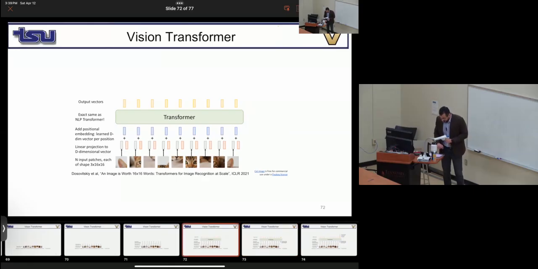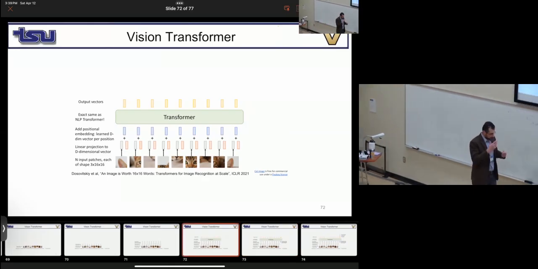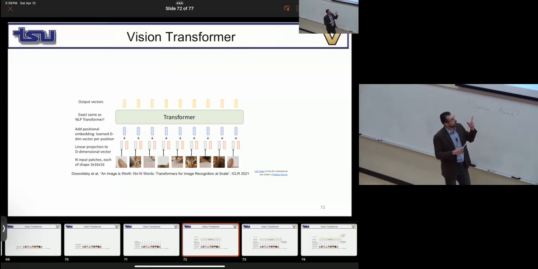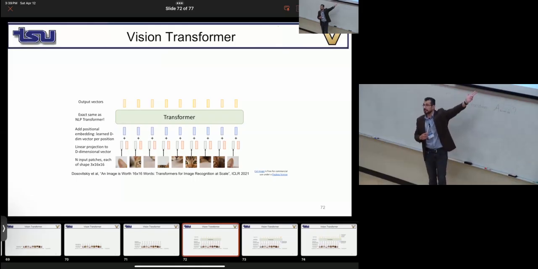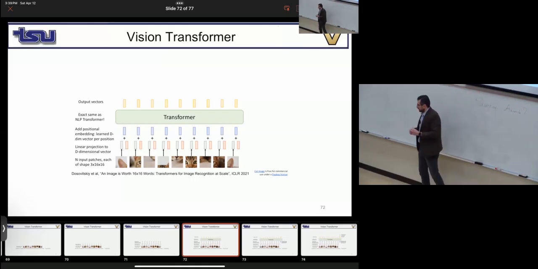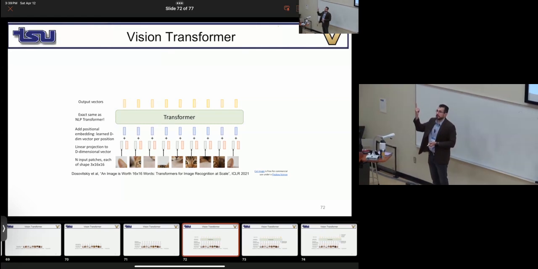So there is a slight difference here between what we were doing in the natural language processing autoencoder and what we need to do for the transformer. If we want to classify this image as a cat, then I need one feature to represent the image. Remember, these transformers will give me a set of features.